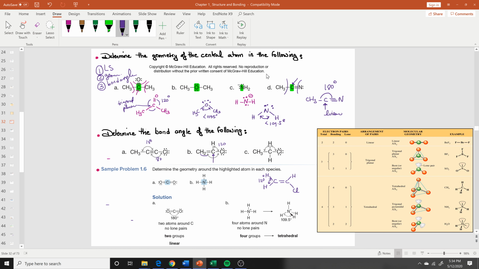It's just deceiving. Here they just drew the Lewis structure, but from the Lewis structure you have to determine the geometry and then the bond angle. When I determined the geometry around this carbon, I knew that this carbon is trigonal planar and this carbon is again trigonal planar. So you have to draw them as trigonal planar. You're going to end up with a structure like this and then determine the bond angle. So the bond angle here is going to be 120 degrees, and the same thing over here, 120 degrees.